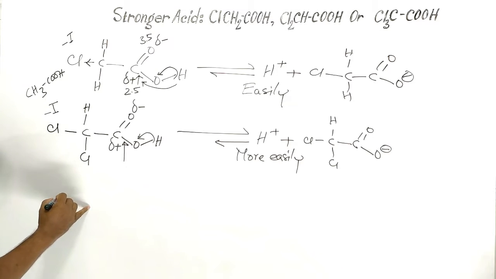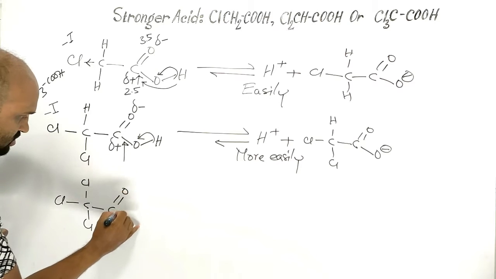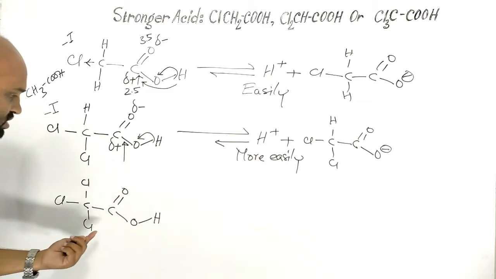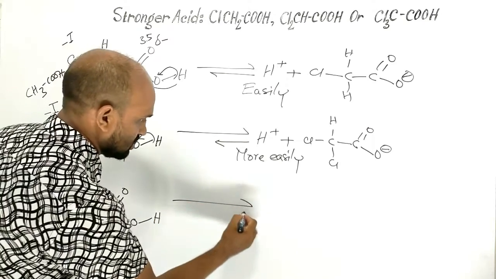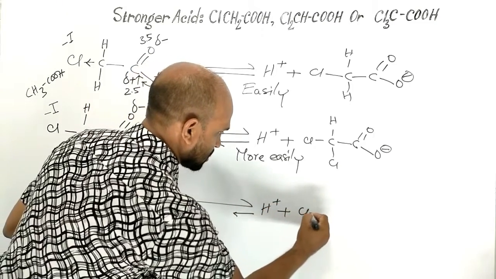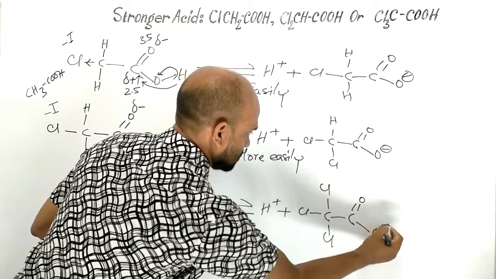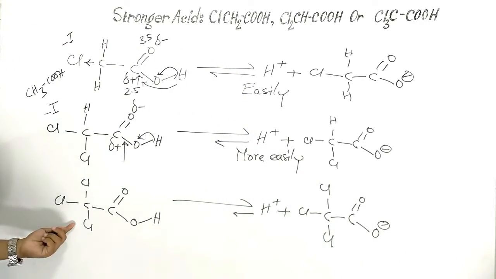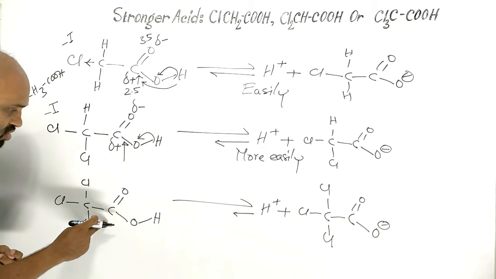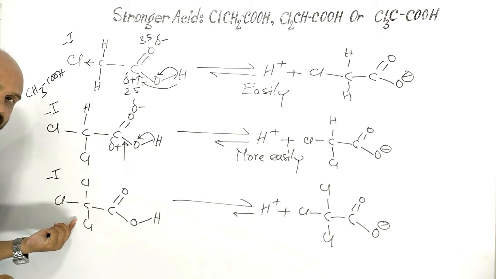Last one is trichloroacetic acid. This is the structural formula of trichloroacetic acid. Here this hydrogen gets freed as a proton and trichloroacetate ion is formed. In this case, trichloroacetic acid contains 3 atoms of chlorine, which are negative inductive effect atoms.